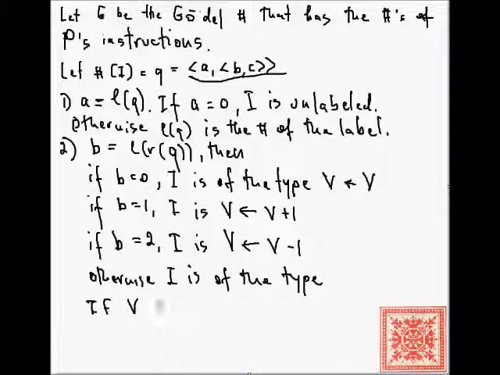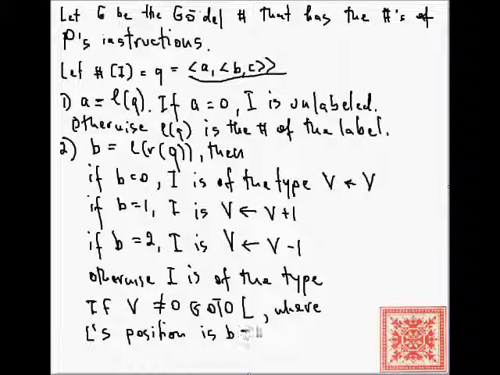So I must be of the type if V is not equal to 0, then go to L, where L is some label, and the number of that label, if you review our coding screencasts, coding programs with Gödel numbers, and also the PDF lectures, its L's position is B minus 2. So, and what about C?